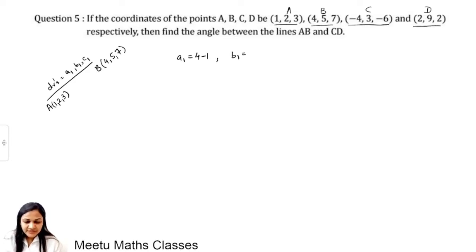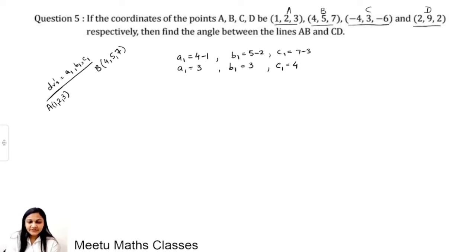B1 is 5 minus 2 and C1 is 7 minus 3. So A1 is 3, B1 is 3 and C1 is 4. So now we know the direction ratios of line AB.